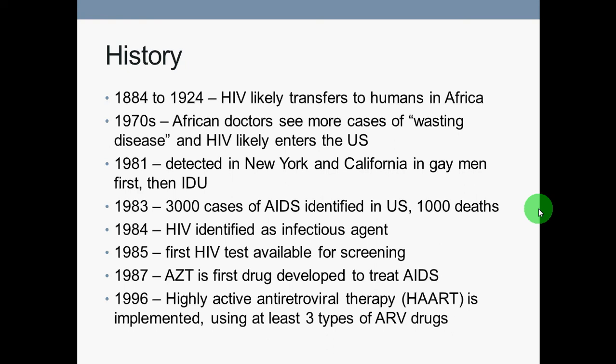This is the type of treatment that we were talking about before, using three different types of drugs that hit HIV at different stages in its life cycle. And that links back up to the mortality graph that I showed you. About the mid-90s is when mortality went down dramatically.